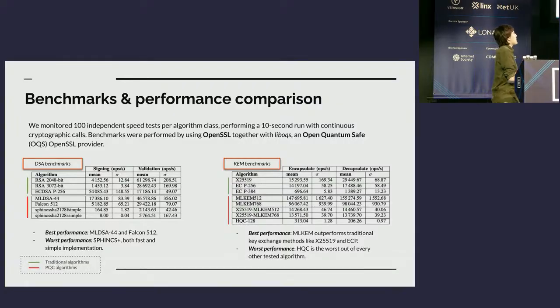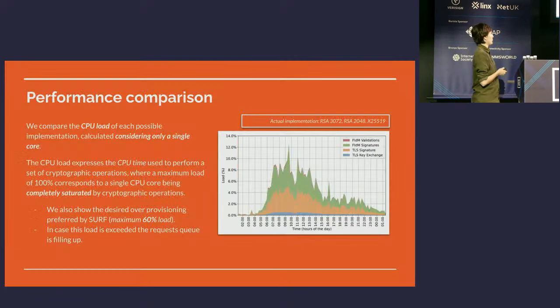While for key exchange mechanisms, we have ML-KEM, which highly outperforms the traditional key exchange methods that are used now, and the worst performance is by HQC, which is the one that has been newly appointed as of March 2025. So how do we compare the performances?